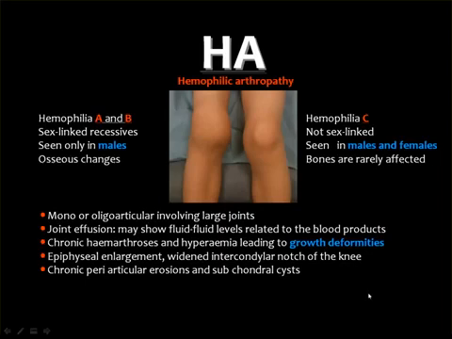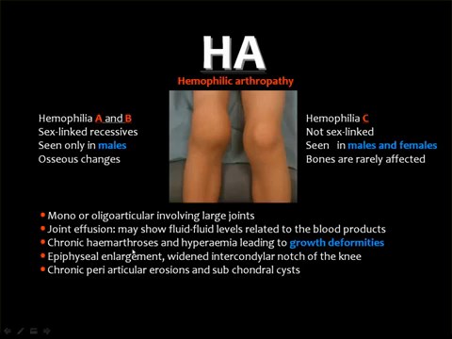affected. And hemophilia may affect a single joint or may affect multiple joints, particularly the large joints, especially the knee. And there may be a joint effusion, which may show a fluid level due to the presence of bleeding inside the joint.